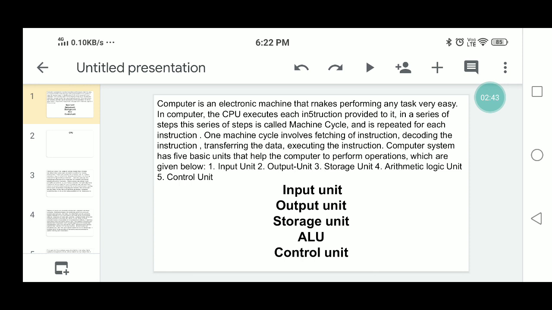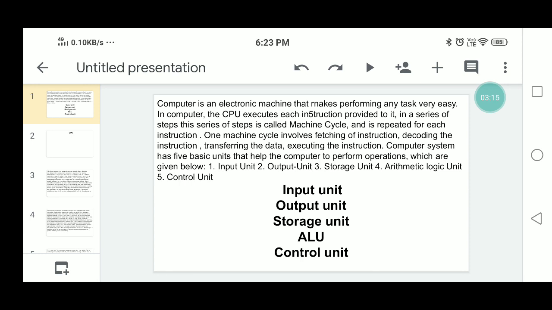The input unit is used to feed the data as well as instructions to the computer, so that it can process the data according to the instructions given and produce the results. Commonly, the input devices are keyboard, mouse, scanner, joystick, etc.